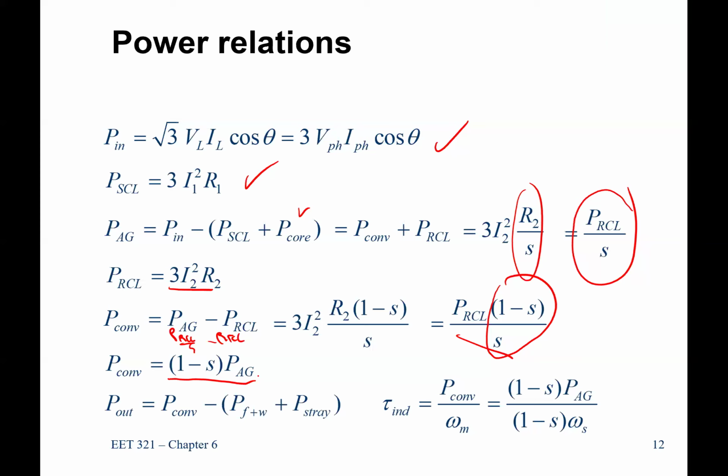What about the other extreme? If it's 0, it actually doesn't work, right? But it tells you something. What happens when the slip is almost 0? You're going to have the most converted power.